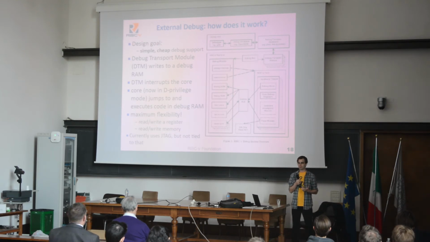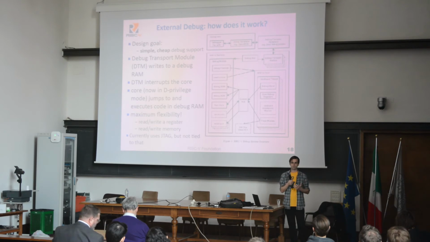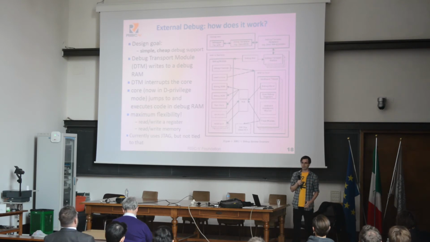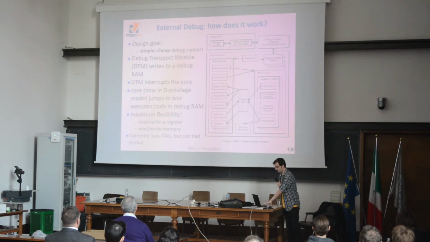So basically, the debugger is just running short little programs on the core to get the core to do whatever it wants. So it can read a register, it can read and write memory. So this gives you maximum flexibility. And also, this design uses JTAG, but it's not tied to that. So the idea is you can come up with your own transport layer that's orthogonal to this specification.